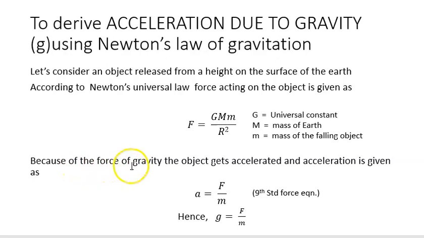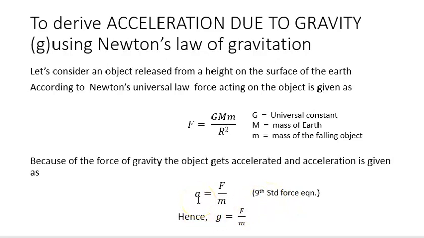Due to the force of gravity, the object gets accelerated, and acceleration is given by a is equal to F upon m. This is the force equation which you studied in standard 9th.